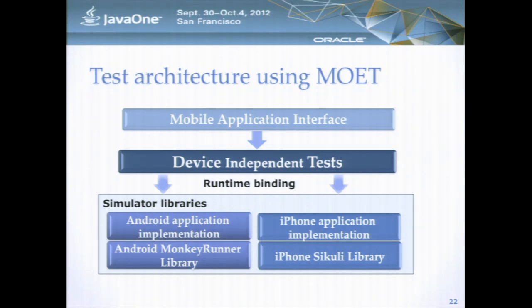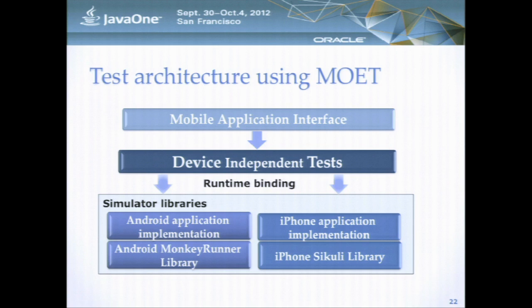that you have. So what you have is an implementation for Android, and it will reuse all the features as part of the MonkeyRunner library. And on an iPhone application, you can reuse all the Sikuli libraries that you have built already. What makes this interesting is that you're actually abstracting two things. You're abstracting the device.